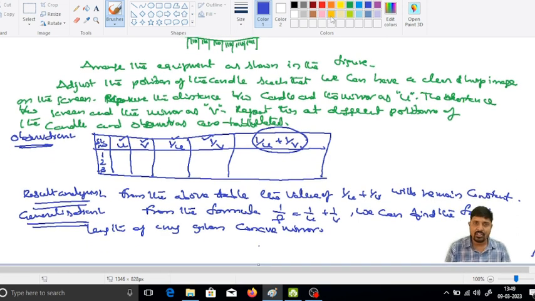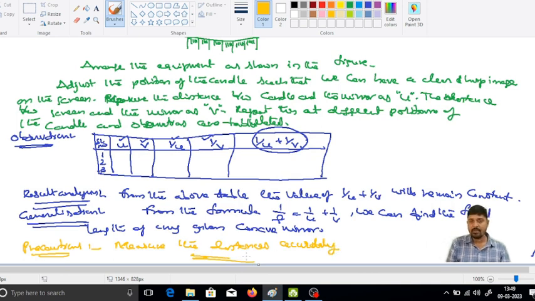So what are the precautions to be taken? What are the precautions? Measure the distances accurately.